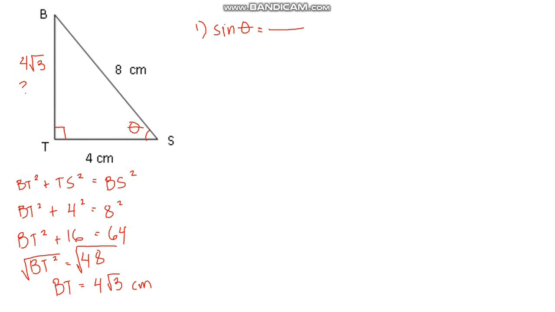So the opposite of this theta is the side BT. So we have 4 square root of 3 over the hypotenuse, which is 8. Again, if we can still simplify, then simplify it. So looking at the figures here, we can simplify this. So we have square root of 3 over 2.